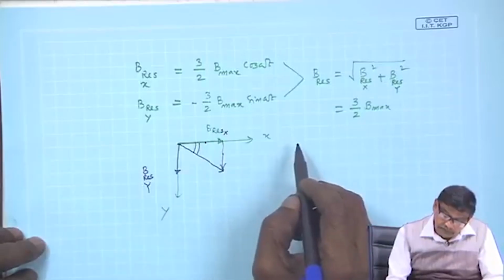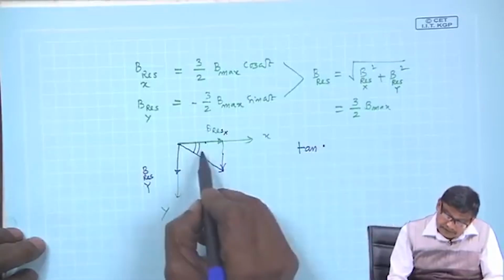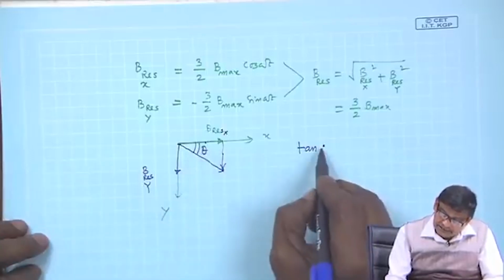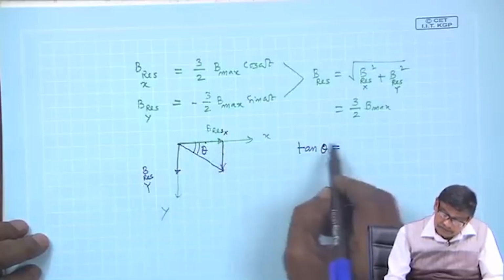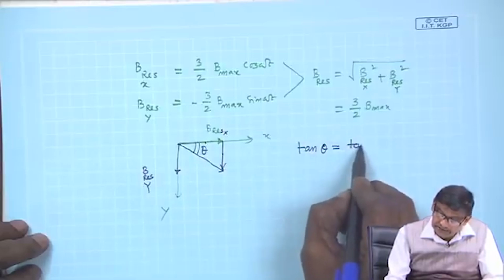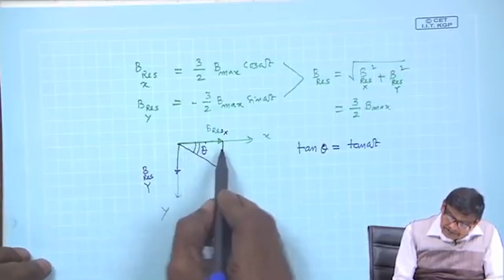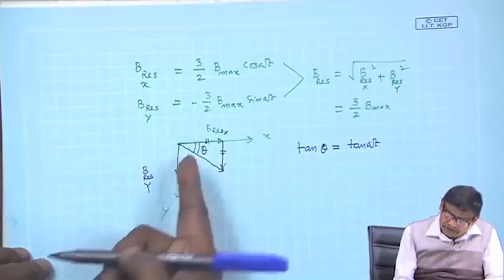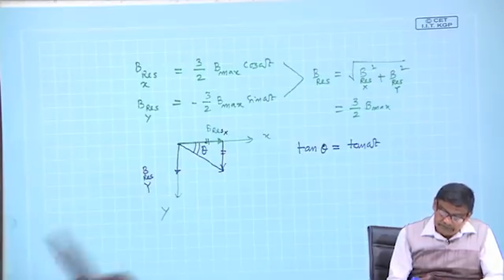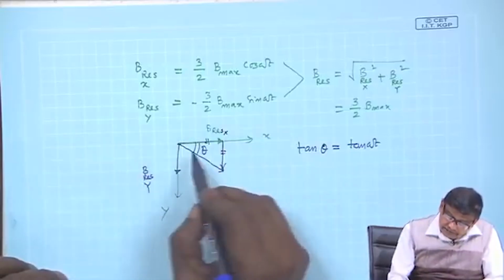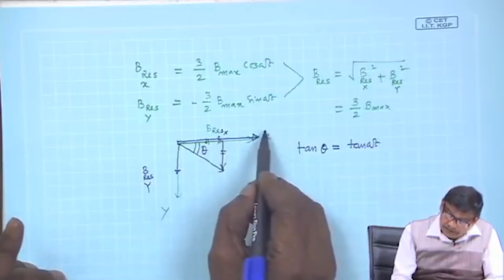So, the angle, if I call this theta, tan theta is nothing but this magnitude, that is tan omega t, that is all. So, this angle is omega t. Therefore, we see as any arbitrary time has gone, the resultant field at omega t has an amplitude of 3 by 2 B max.